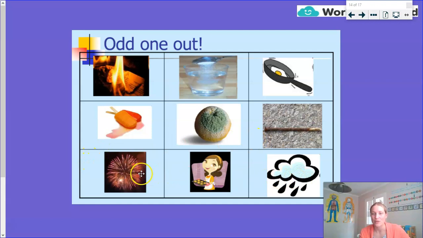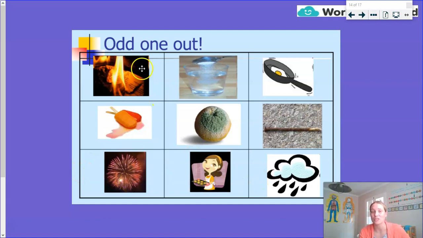And then the row down the bottom here, I have a firework exploding, someone who has baked some cookies, and the rain cloud representing rain. So the one that is the odd one out, again, is the physical process of rain, because the water cycle, which you again should have learnt in grade 4, means that it goes right the way back round, whereas these two are irreversible chemical changes.